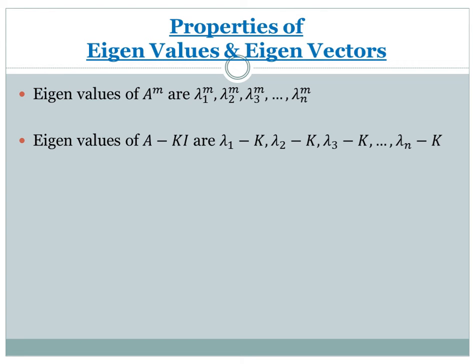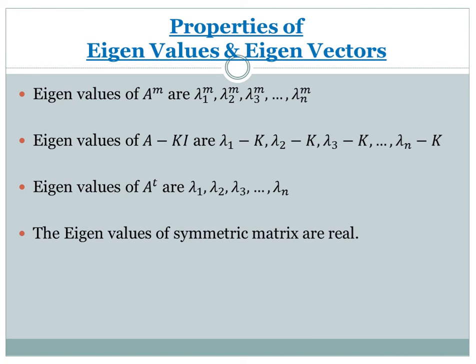Now the eigenvalues of A transpose are lambda 1, lambda 2, lambda 3 up to lambda n, so eigenvalues of matrix A and of its transpose are equal. Then the eigenvalues of a symmetric matrix are always real. This is an important point.